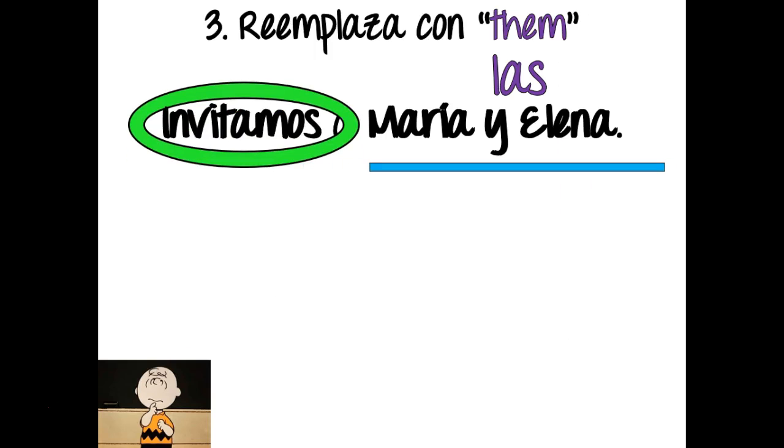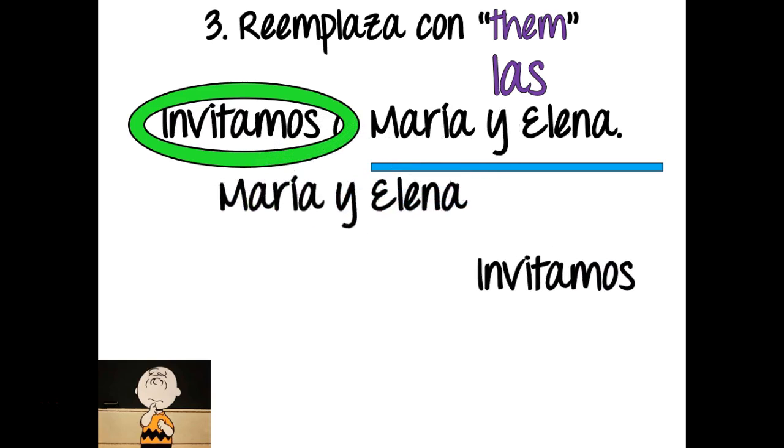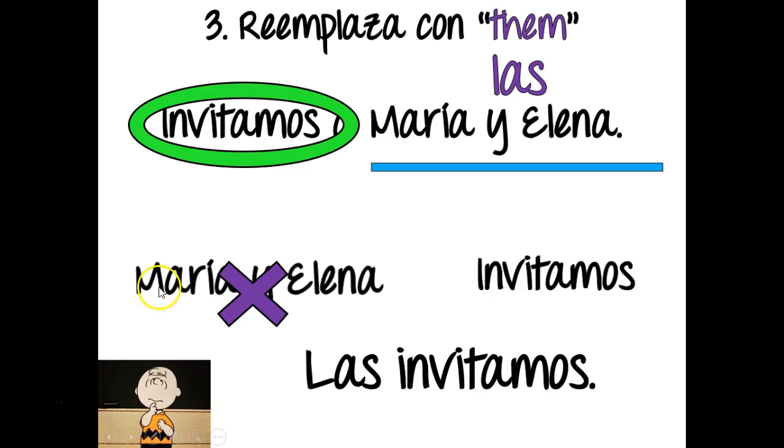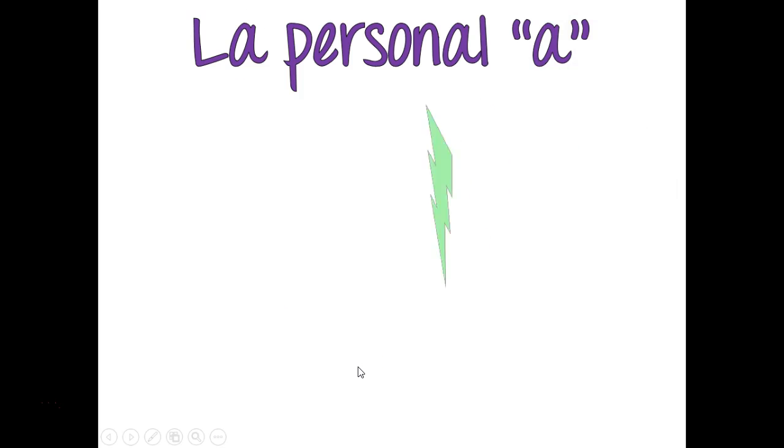But notice that we treat it exactly the same and we group it with what we are replacing. So it's really not that big of a deal. We just replace it with the pronoun for the people that are our direct objects. So our final sentence was las invitamos. We invited them, or we invite them, depending on the context of the sentence.